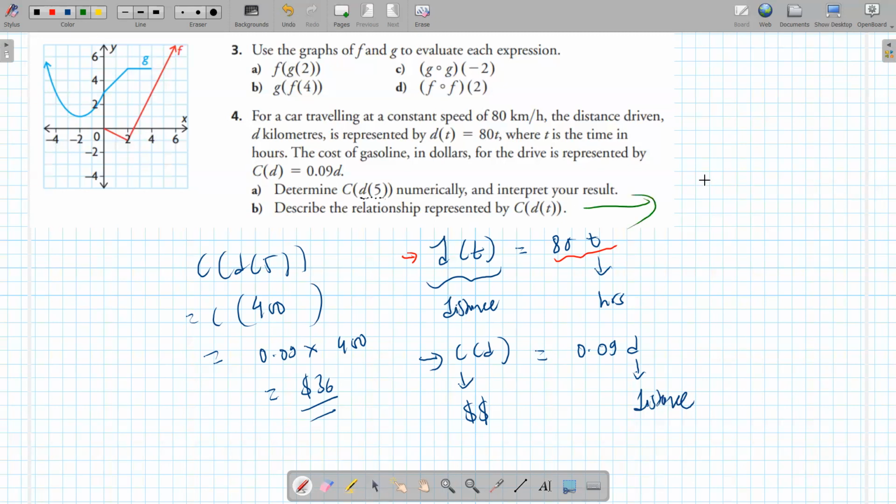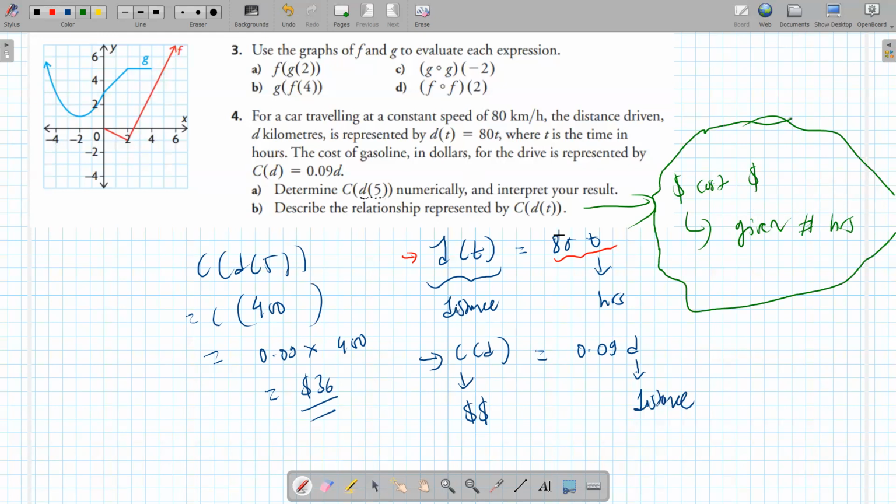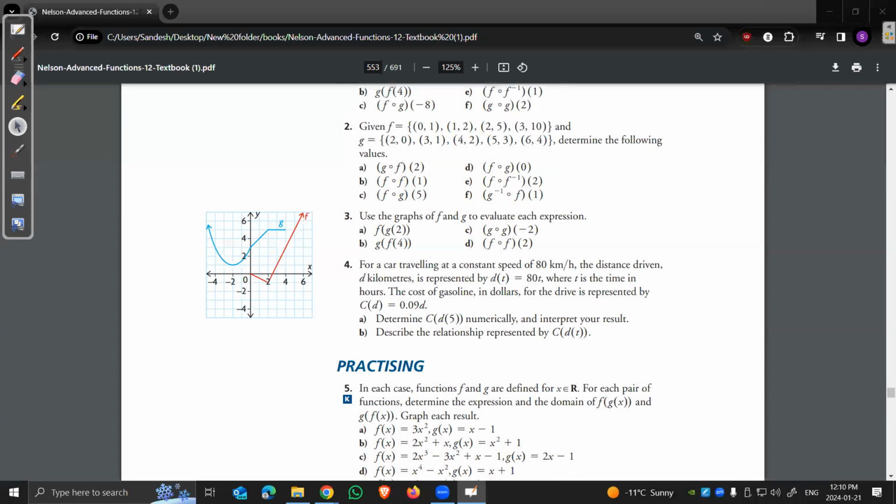So this one gives you the cost in dollars given the number of hours you're driving. So that's the relationship. If you have the hours, you can get the cost by doing C of D of T. And that's it. Pretty simple stuff, nothing too complicated.